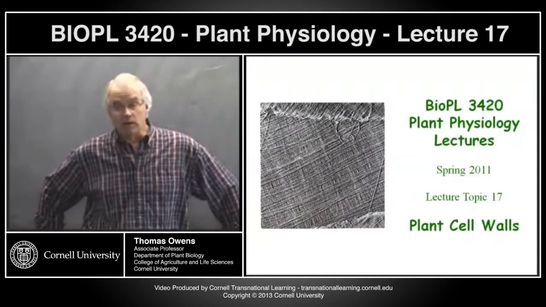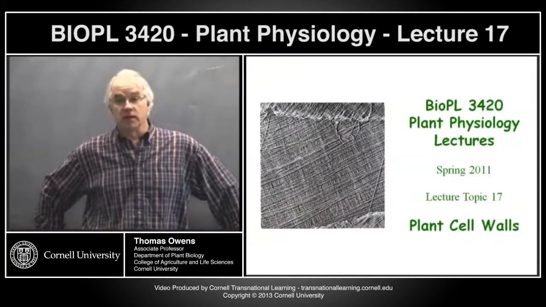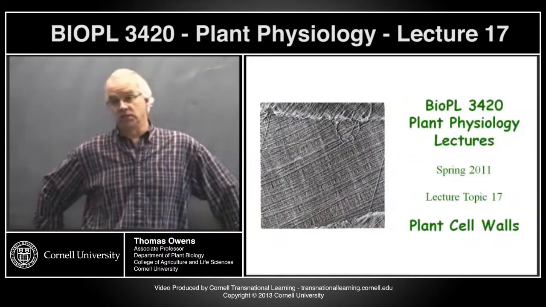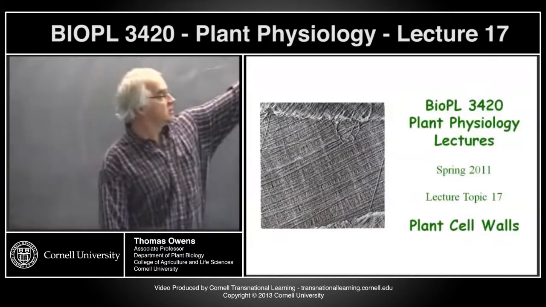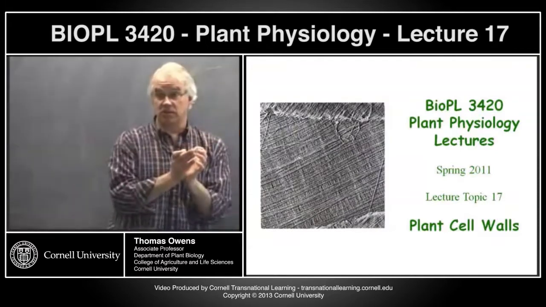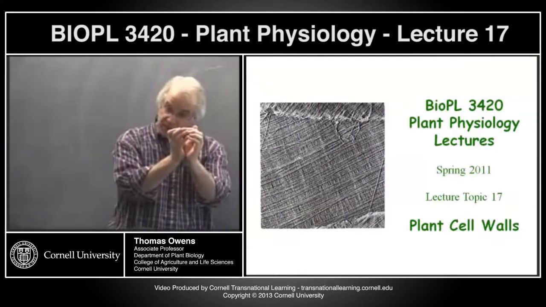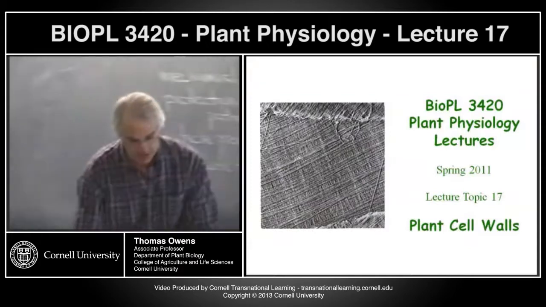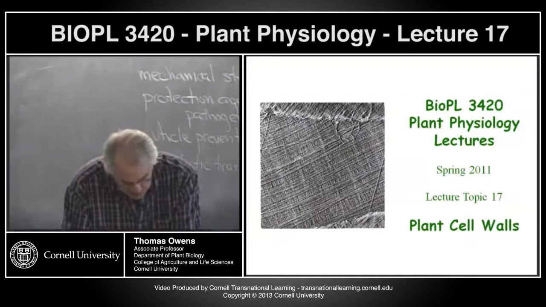The cell wall. Right? The cell wall is what determines how the cell enlarges, how it changes its shape. So it's not just determining the final shape, but it's determining the path that it follows from the little cubical cells that are in the meristem to whatever the final shape of the mature cells is.